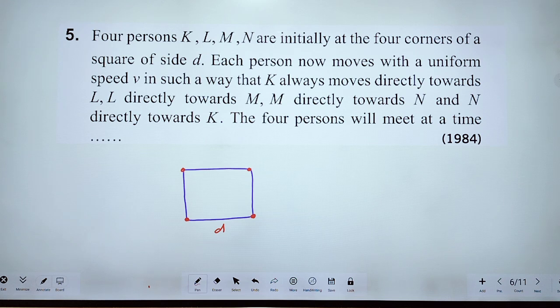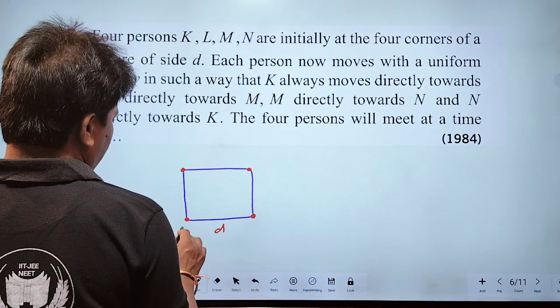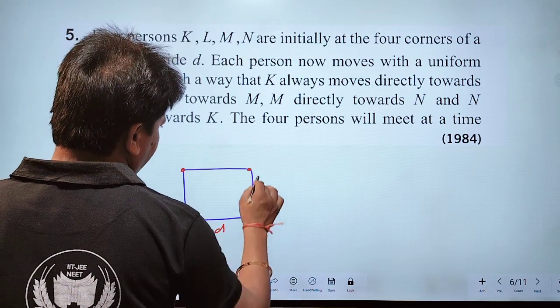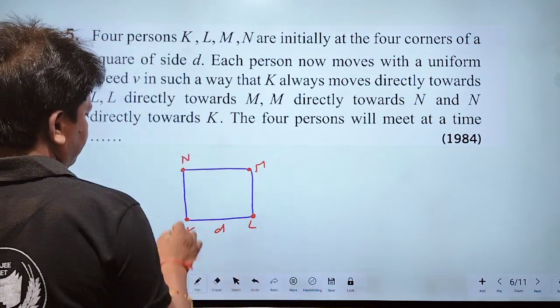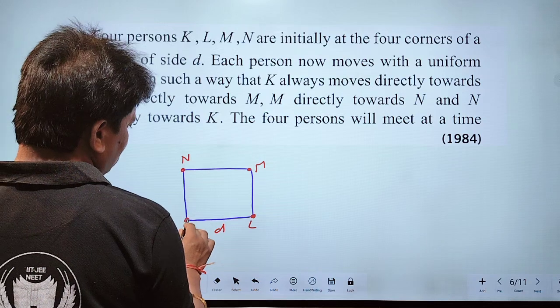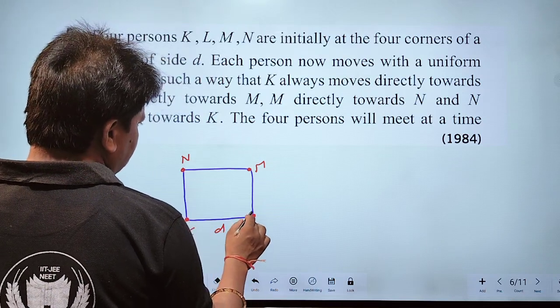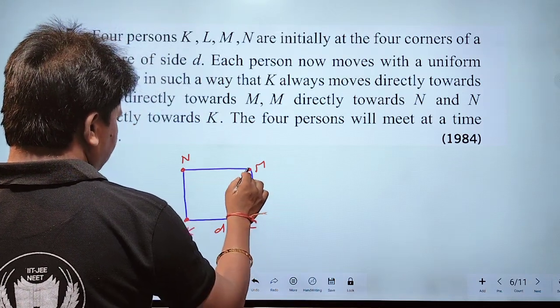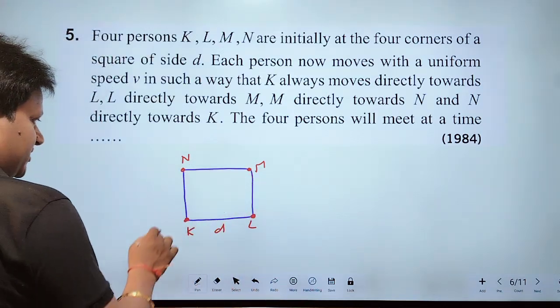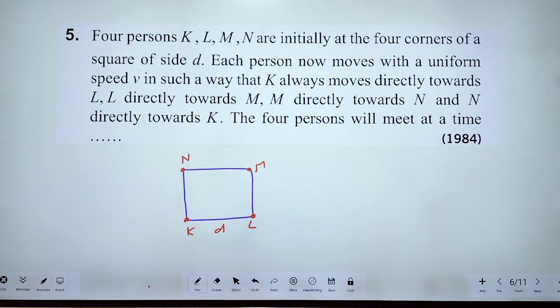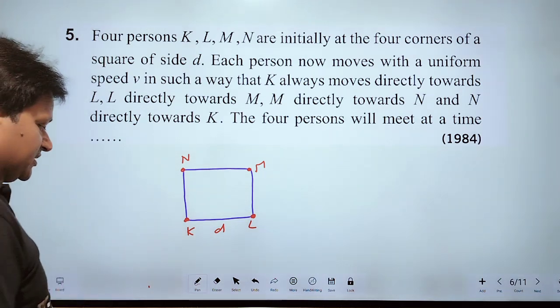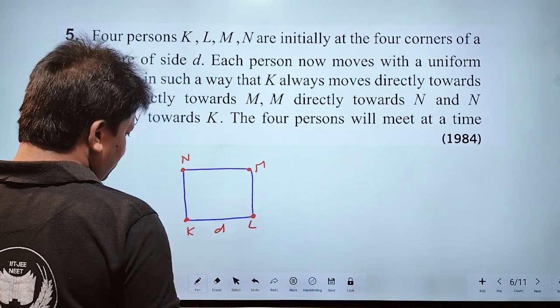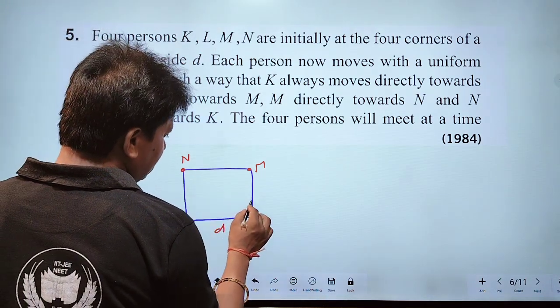Each person now moves with a uniform speed v in such a way that K always moves directly towards L. K, L, M, N. This person always moves towards this person, and so on around the square.